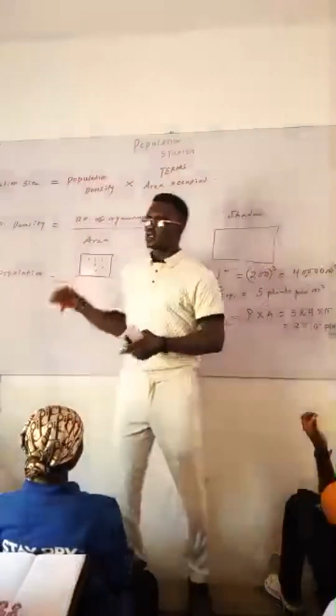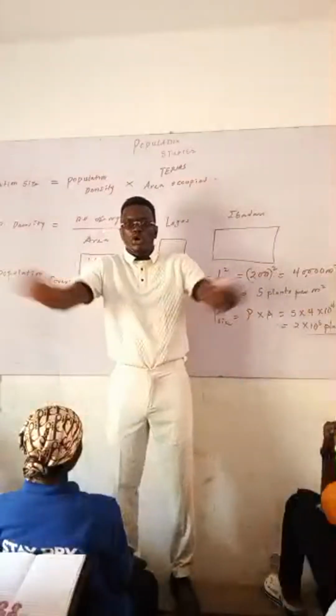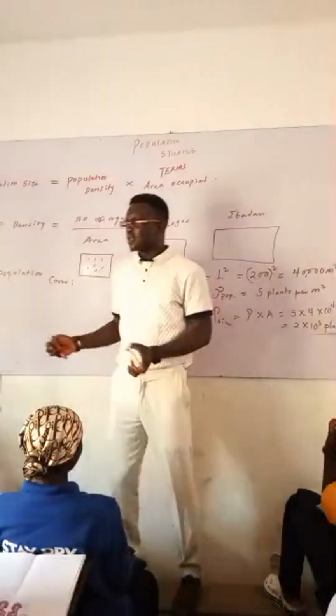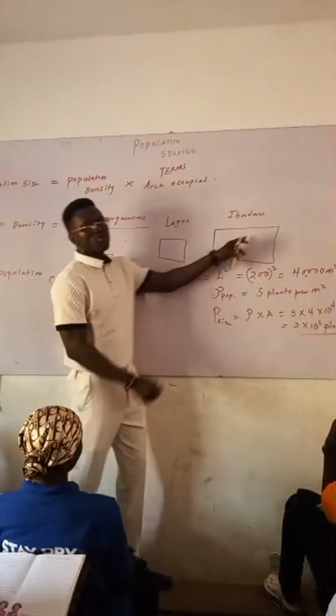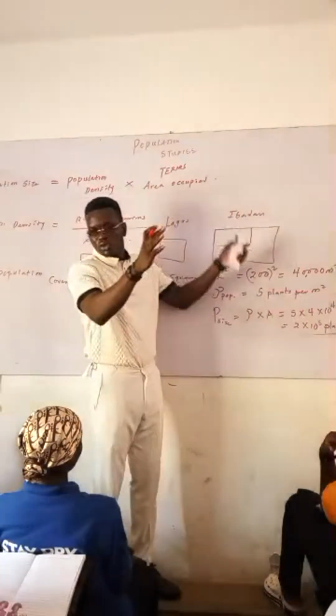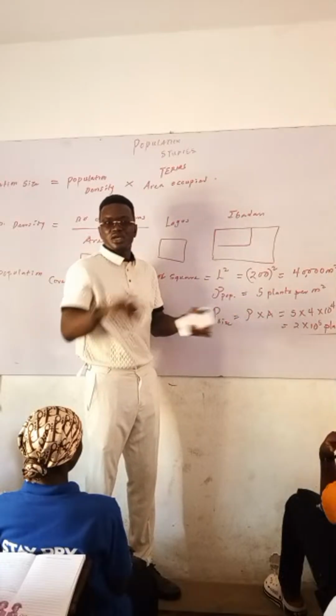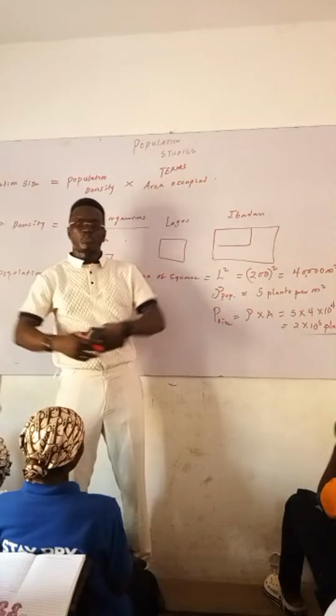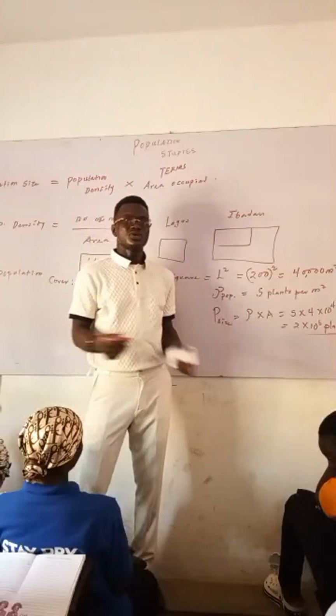So the area those organisms cover, the area they occupy, is what we actually call population cover. Even if this place is big, they might just cover a little space. That particular space that organisms cover is what we call population cover. Do you get that?